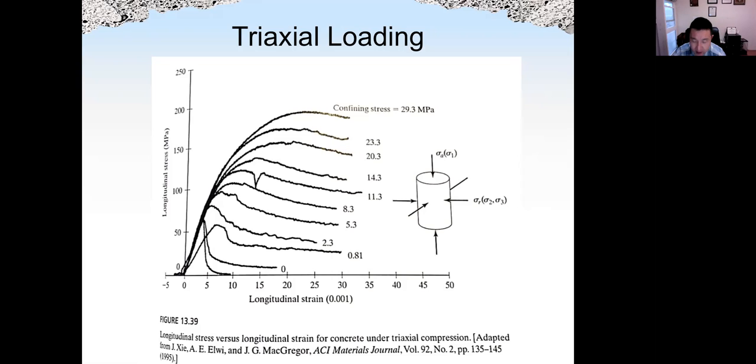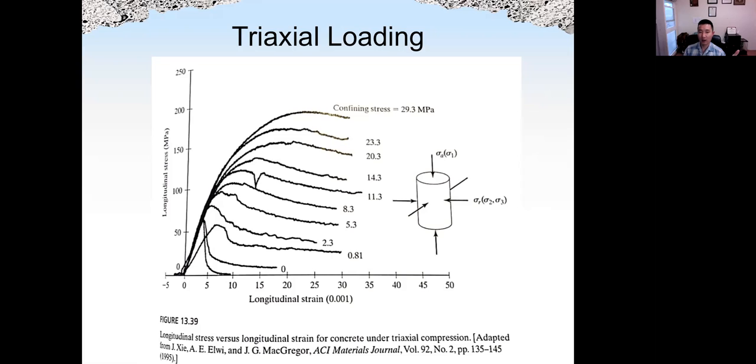Okay. Actually, depending on the confining stress level, if the ratio of confining strength over f'c, the strength of concrete, is less than 15%, okay, 0.15, the failure mode of the concrete will be similar to normal concrete. Okay. If the confining strength is higher than 15% of the f'c, then there's no localized crack.